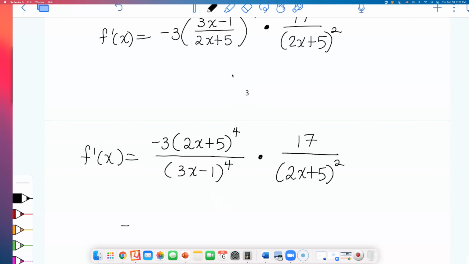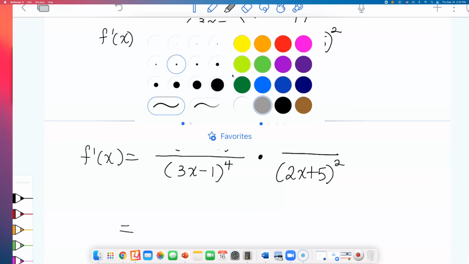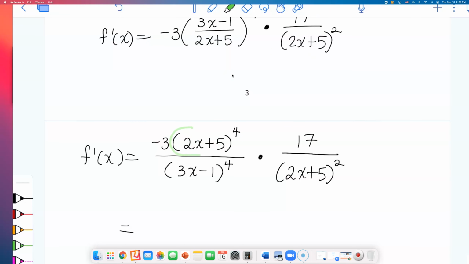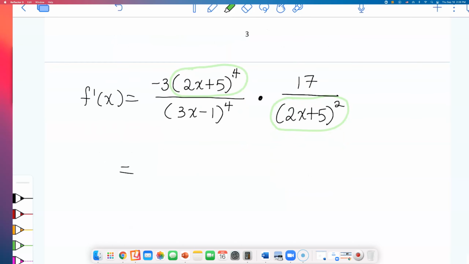Okay, what can we do? I'm going to group something for you. Can you see that we have 2x plus 5 raised to the 4th power over 2x plus 5 raised to the 2nd power? That's the same, but top has 2 more. Exponent of 4 means it has 2 more of these compared to the bottom.